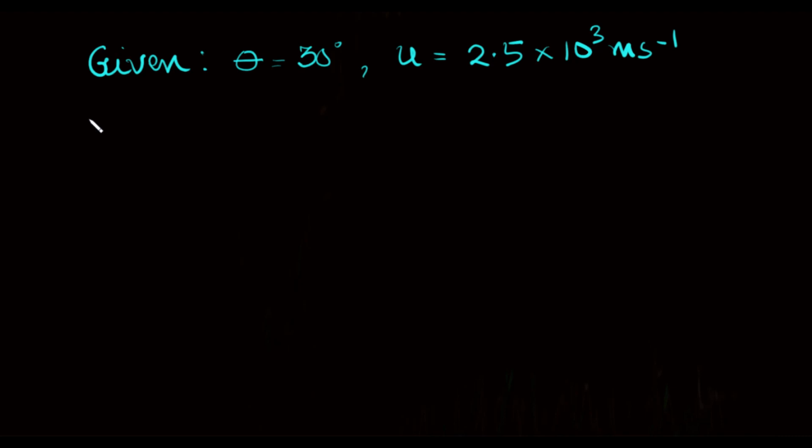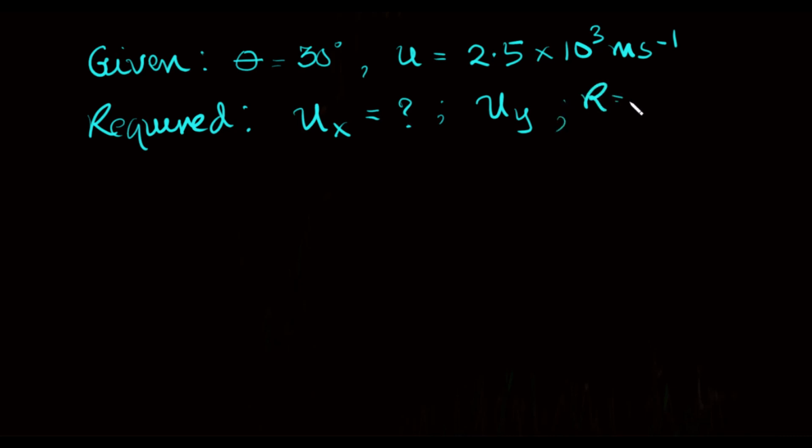That is required. We are required to find ux, uy, and also to find the range that will be covered by the shell, that's R, capital R, and how high the shell will rise, that's the maximum height, h.